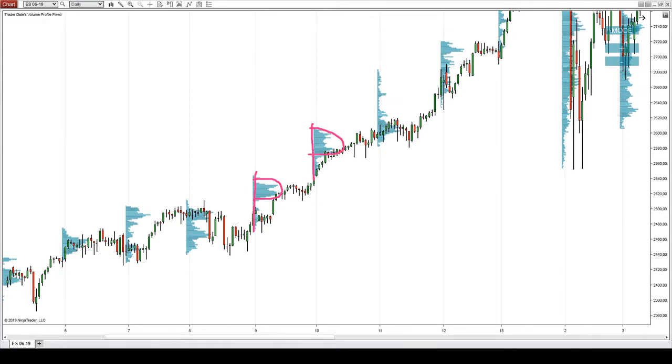Afterwards, there is something that looks like a B-shaped profile, but it is not a B-shaped profile because the price is closing above 50% of this whole area. So this is not a B-shaped profile. This is not a sign of sellers. All right.